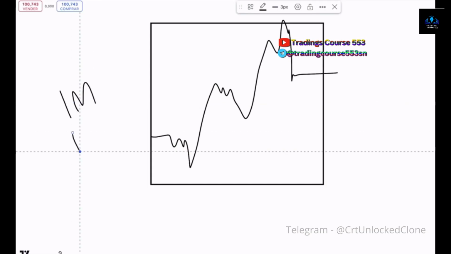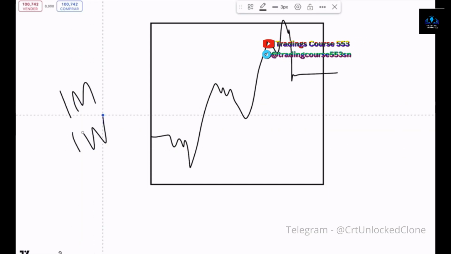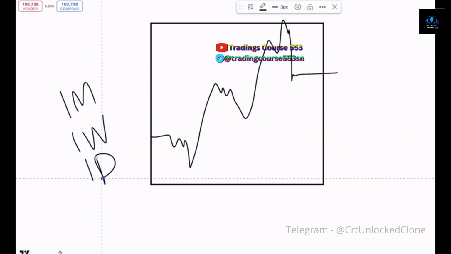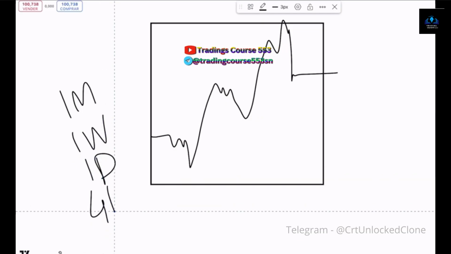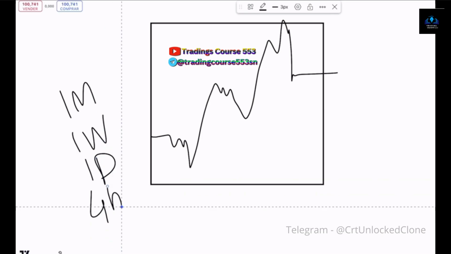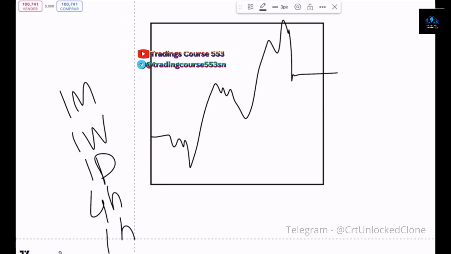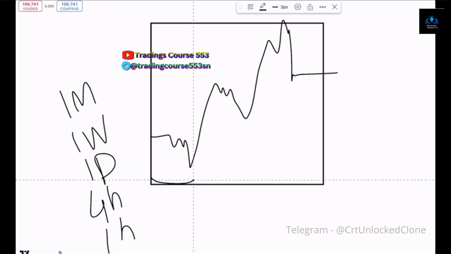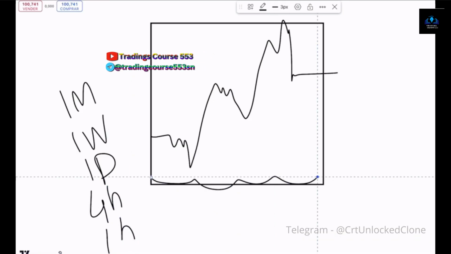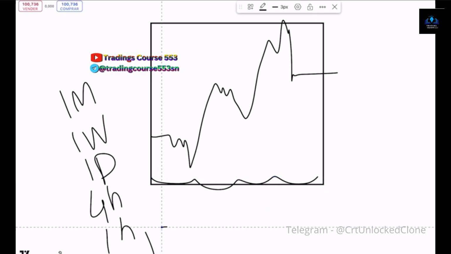It could be a 1 week candle. Monday, Tuesday, Wednesday, Thursday, Friday. It could be a daily candle, right? It could be a 4-hour candle, right? 9, 10, 11, 12. It could be a 1-hour candle, right? 15 minutes each. It could be a 15-minute candle.